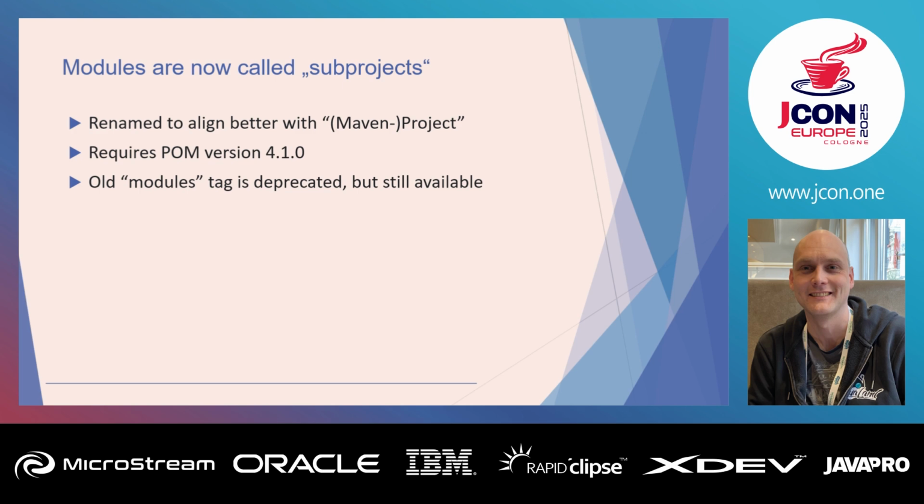I still say multi-module project, because multi-sub-project sounds weird. But we'll save time. If you want to use it, it's literally just a rename of the XML element. You have to update your POM version to 4.1.5, and there the old element is deprecated, but it's still available and usable.